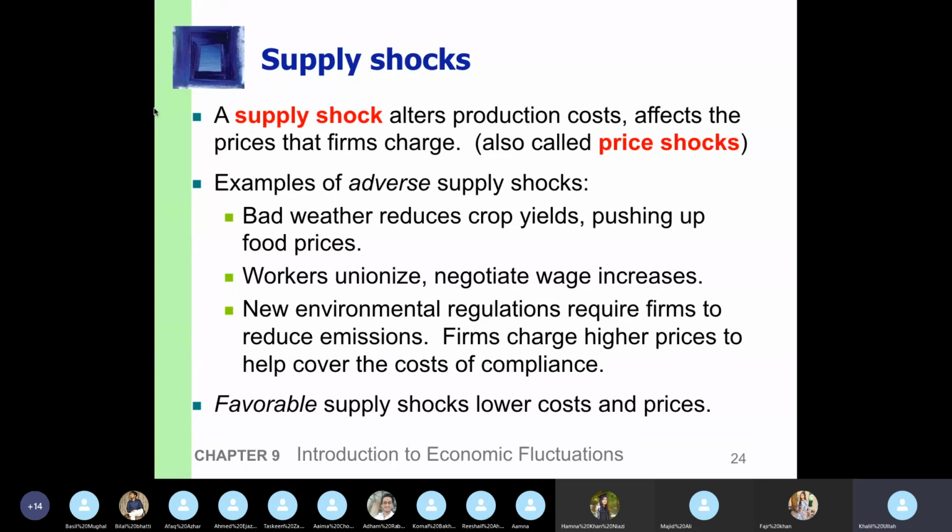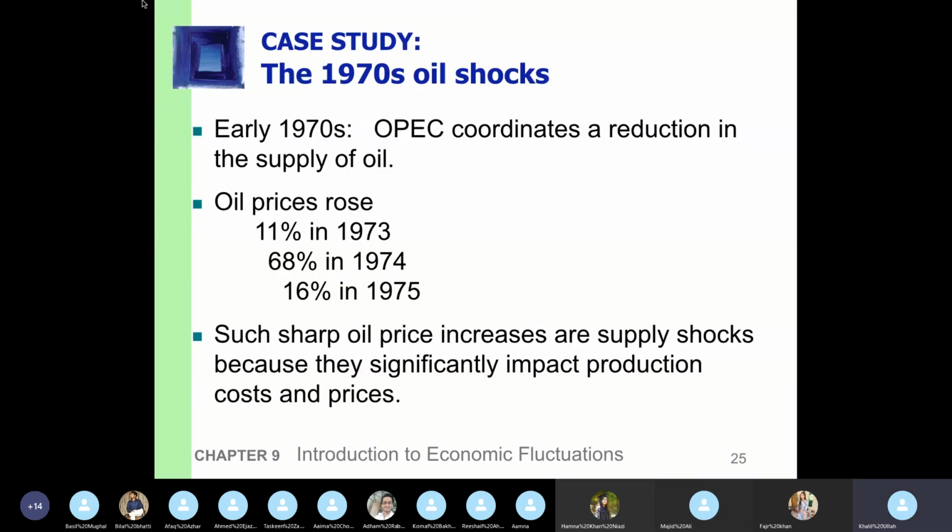Positive supply shocks or favorable supply shocks are those that will lower cost. This case study is about what happened in the 1970s. What happened in the 1970s was that these countries that were exporting oil to the rest of the world started to control the supply of oil to the world.